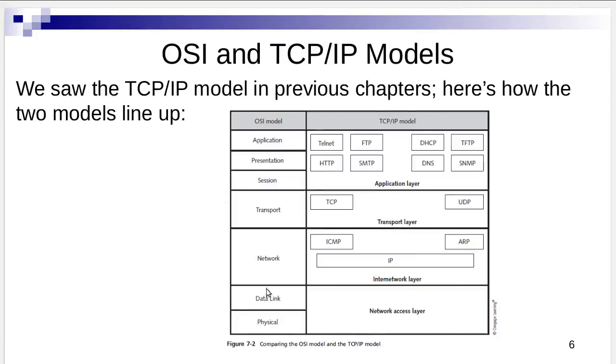And then the data link layer, you can think of that as the MAC address layer. And in TCP/IP we think of that as one layer called the network access layer. So that's a tiny bit different in that it's 2 layers in OSI and it's 1 layer in TCP/IP.